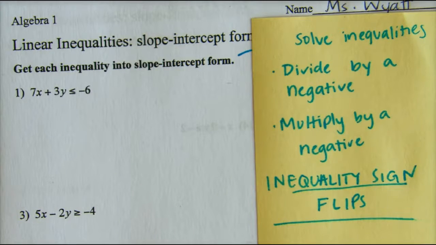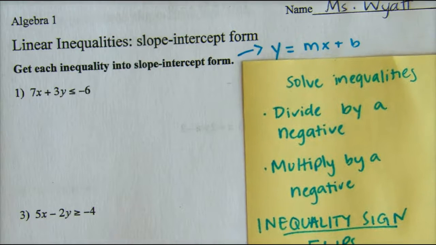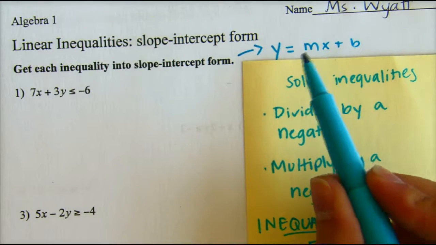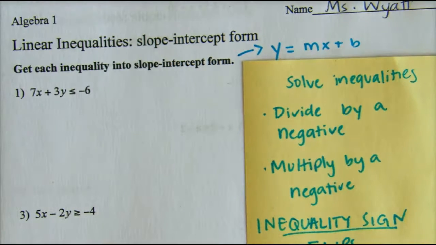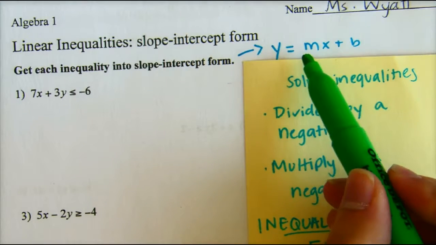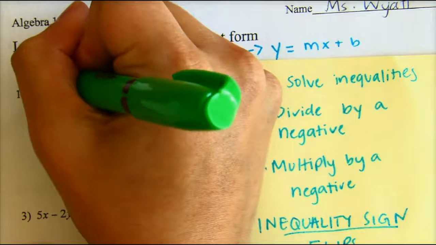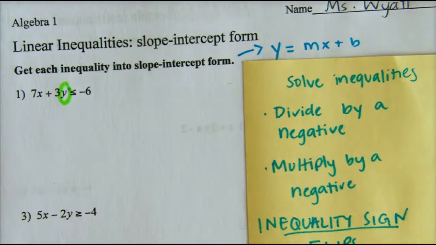So looking at this first one, remember I'm trying to get my inequalities into y equals mx plus b form. What I notice about this form is that my y is by itself. So I'm going to go in this first one similar to when we were putting equations, so with equal signs, into y equals mx plus b form. I'm going to start by circling my y. And that's what I'm trying to get by itself.